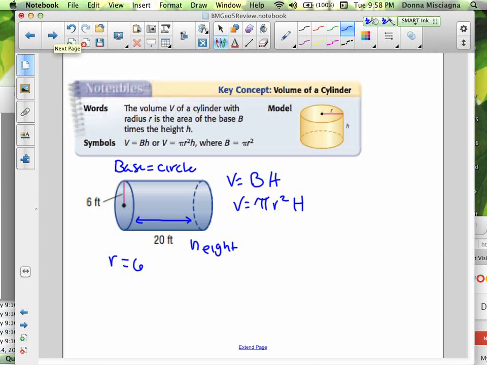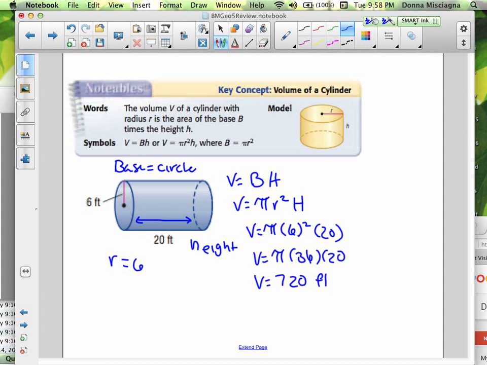So we have that our volume is pi times 6 squared times 20. And we have pi times 36 times 20, which is 720 feet. Oops, almost forgot my pi. 720 pi.